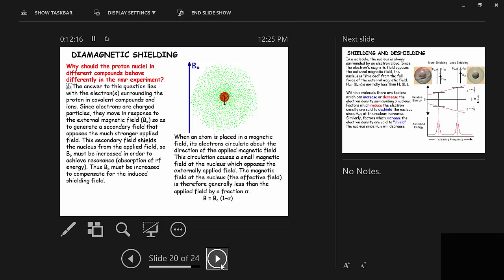If that something is more electronegative, then there's going to be a tug of war for the electron cloud, and who's going to win? The more electronegative element. And so the more polar the bond is, the less shielded. The more nonpolar the bond is, the more shielded. So it depends on the bond polarity.